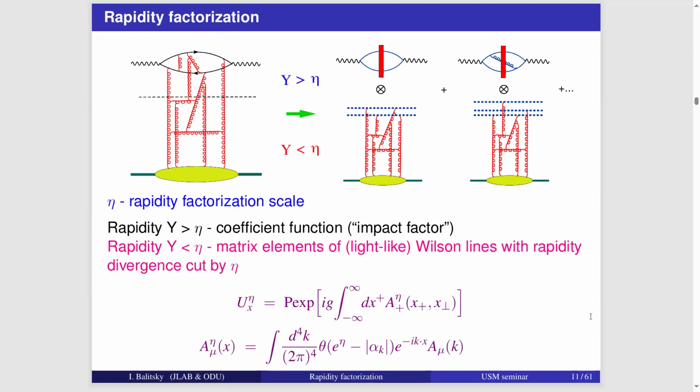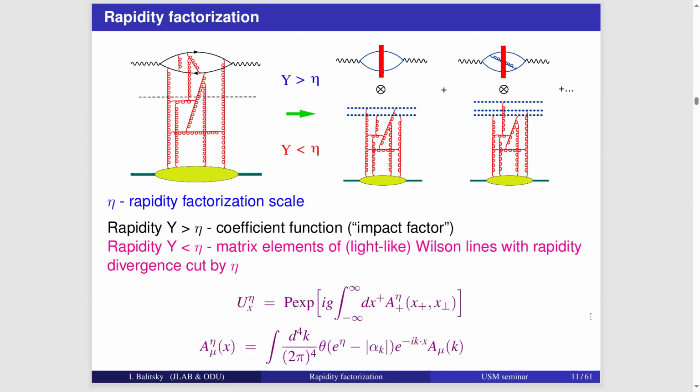But technically, it's more convenient to sit in the frame of the incoming virtual photon. Then what do you see? You see that this target with the gluon cloud approaches you at great speed, and that's why it shrinks to a pancake.